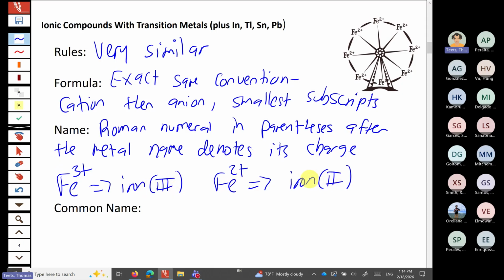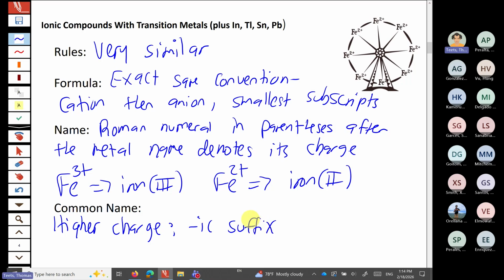We actually give different names to the metal depending on what its charge is. It's not always used, but for some metals it's common. This typically occurs when a metal has two common charges that it can adopt, like iron +2 and +3, copper +1 and +2 is another one. And the one that has the higher charge, which would be +3 for iron, would get an IC suffix.